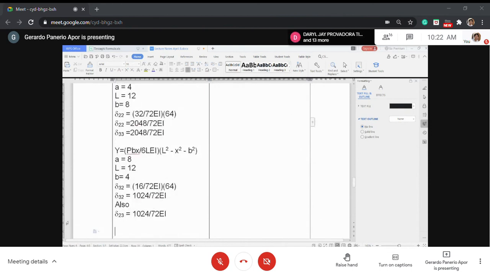So the matrix equation is there. Okay. So here 2048, 1 over 72.